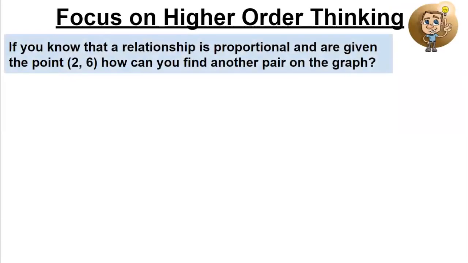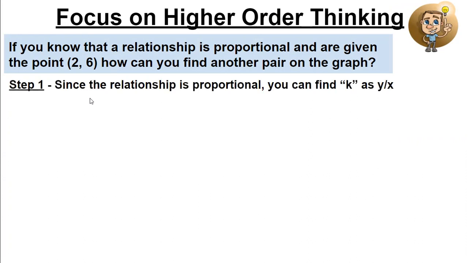Now we're going to focus on some higher order thinking. If you know that a relationship is proportional and you're given the point 2, 6, how can you find another point on the graph? 2, 6 is the one you've got. Well, step 1, the key word is proportional.